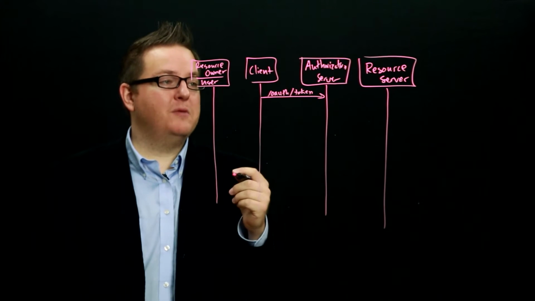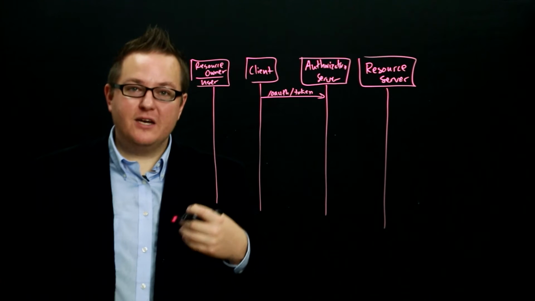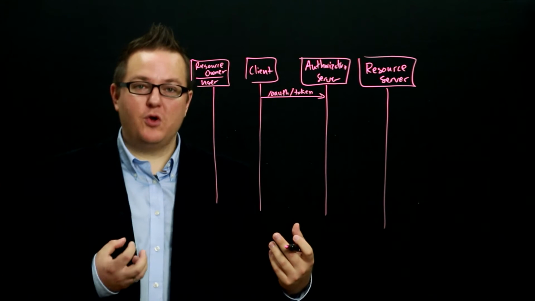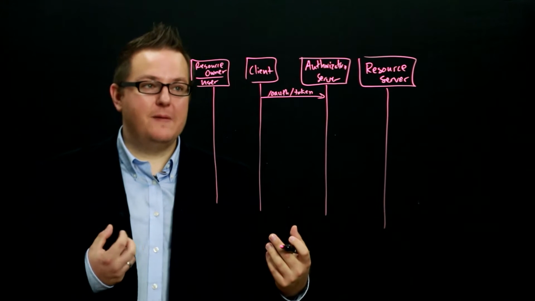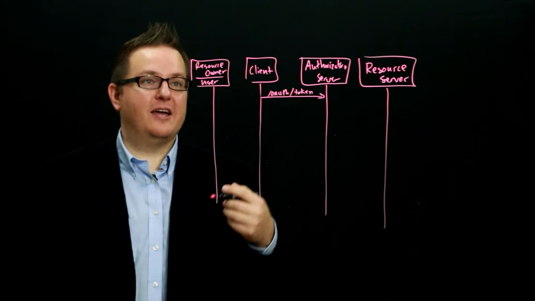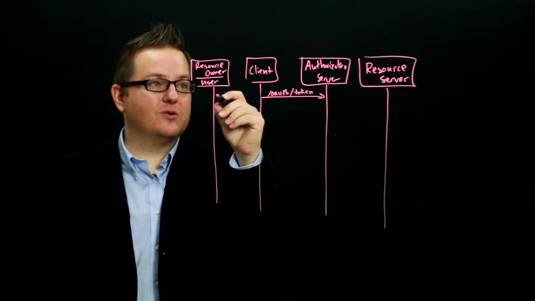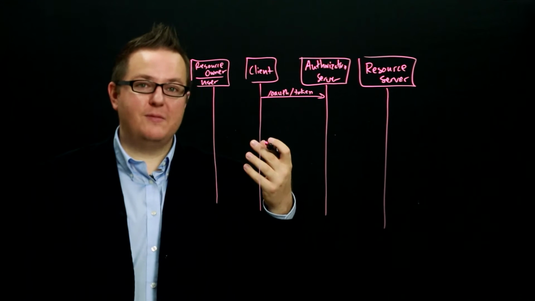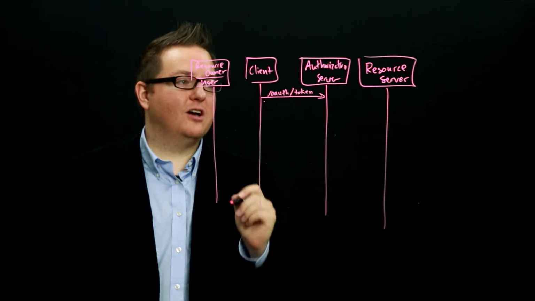In the case that we're going to be working on, because we're building a client for our own service in the cloud, and we control the implementation of that client and we trust it, we're going to be using a password grant where we actually provide the login screen that allows the resource owner or user to give their username and password.